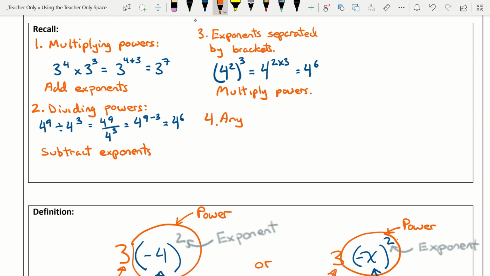Any base raised to the 0 is, well, let's look at an example.